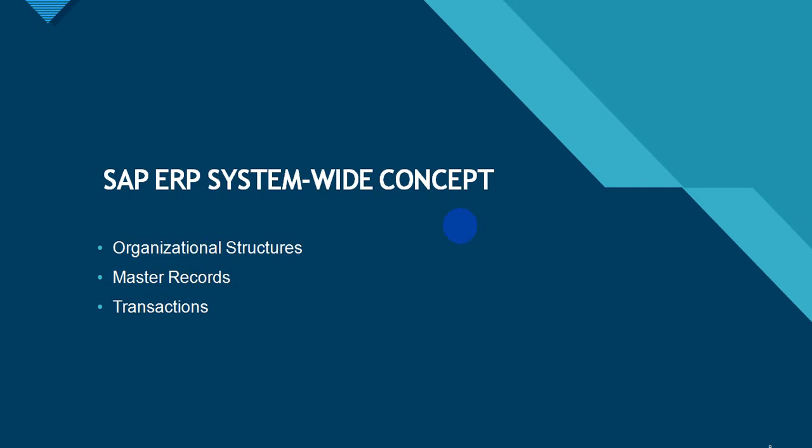Now, most of the activities that are done at the organizational structure level in terms of customizing are done by the consultants. Now, in customization, we have 3 major levels of skill. We have the end users, we have the super users, and then we have the consultants. Now, what the end users do is run transactions.